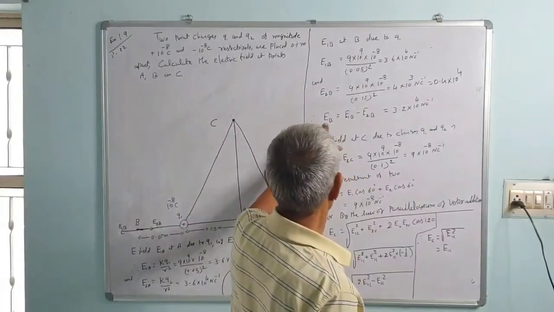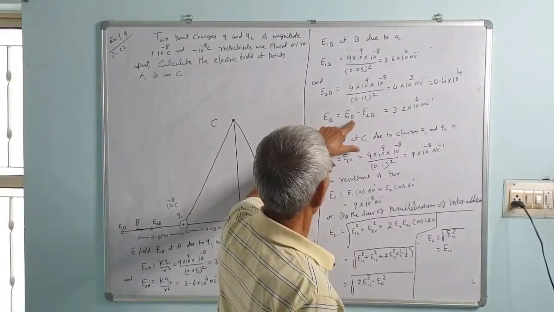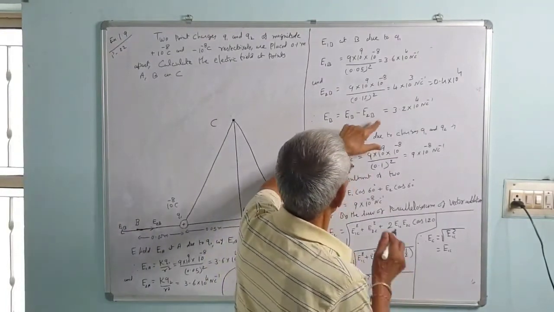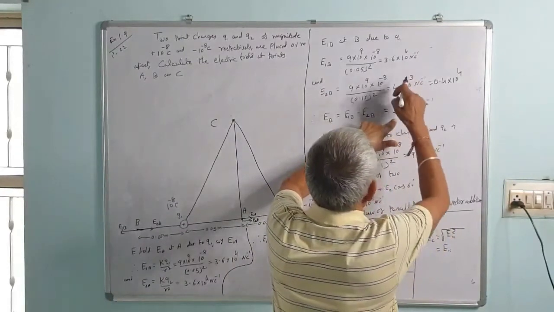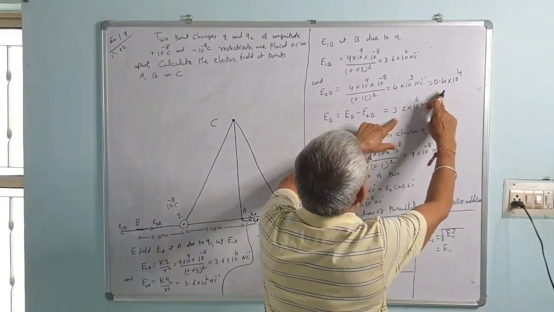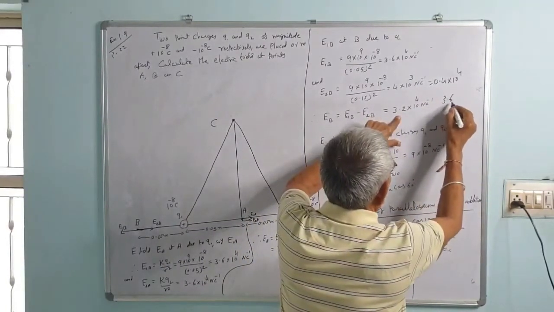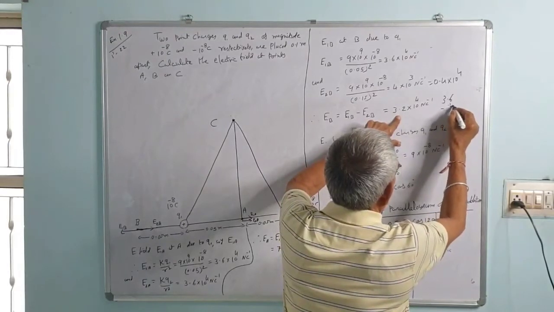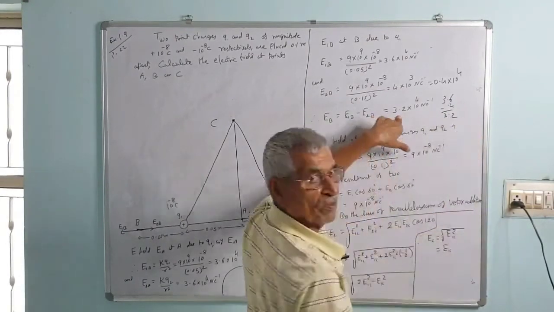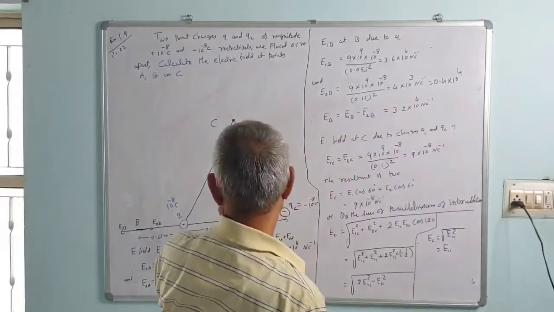So EB, the electric field at B due to both the charges, is E1B minus E2B, that is 3.6 minus 0.4, which is 3.2 times 10 raised to 4 Newton per coulomb.